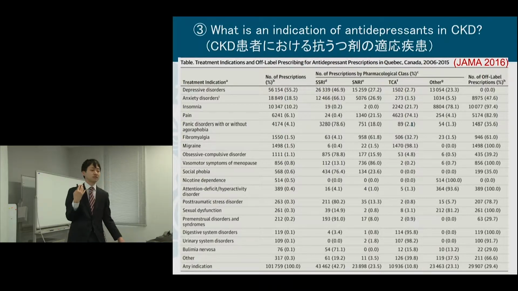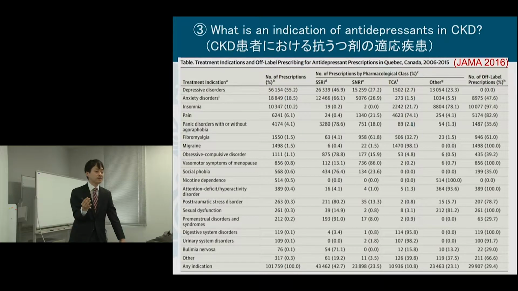Sometimes researchers need to identify why drugs were prescribed, because this could be a confounding factor in the study. This Quebec, Canada database is very special in that every time doctors prescribe a drug, they need to input the indication, for every prescription. So in that case, identifying indication is very easy.